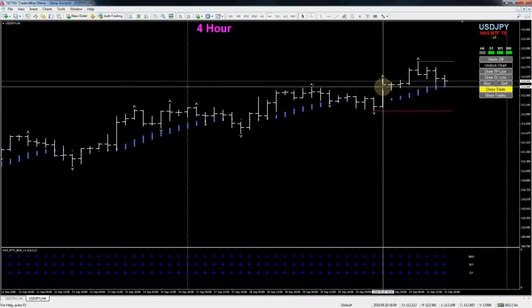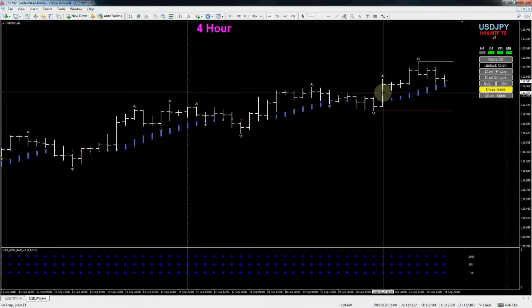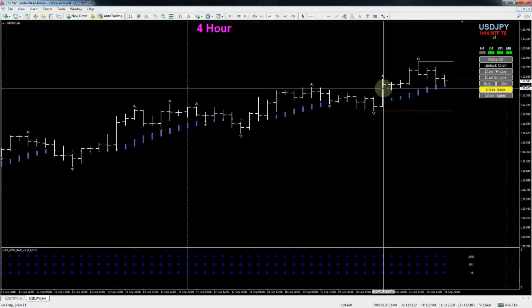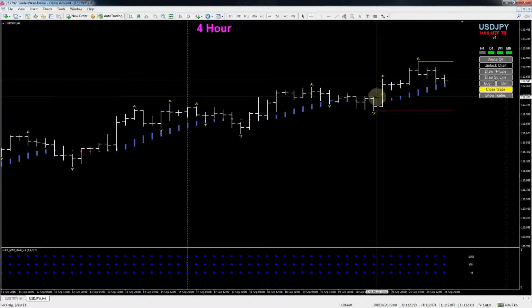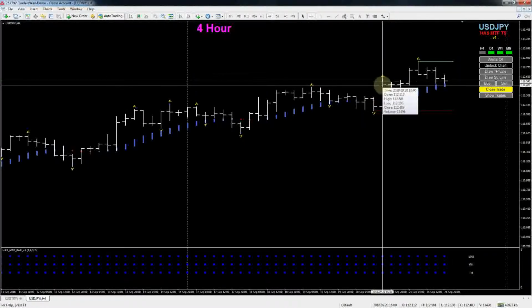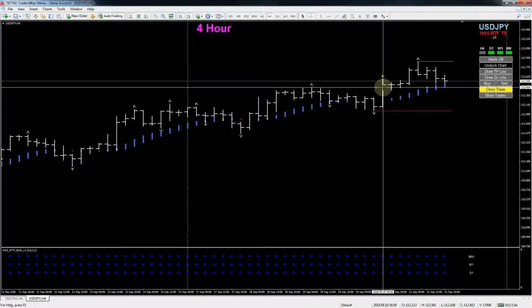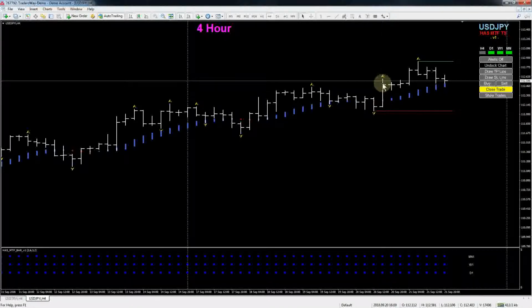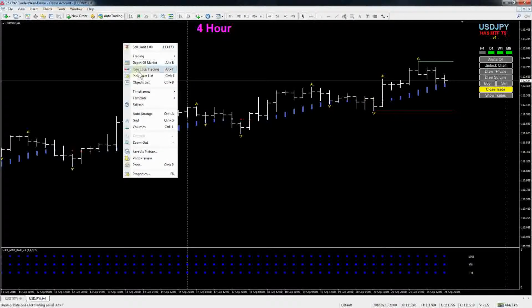Now, if you weren't using the confirmed mode, then you would have probably got a signal back here. And this candle's closed below the line. This candle, this price went above the line, by at least 2 pips. Oh yeah, I had plenty there, so you would have entered along here if you weren't using the confirmed setting back here.